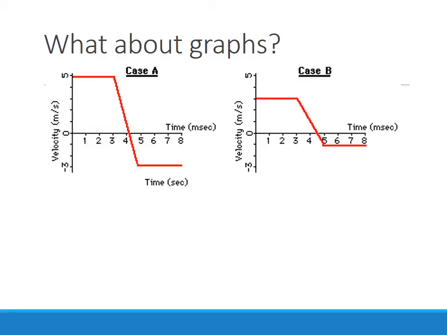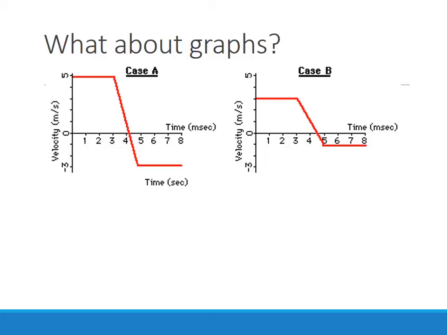These are actually velocity versus time graphs, all right? But we're going to use these as a stepping stone. So in case A, I go from 5 meters per second to -3 over the course of, it looks like, a second and a half or 2 seconds.